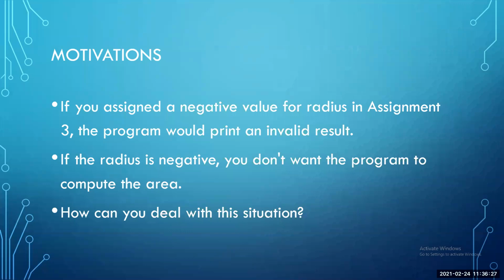We can also account for if the user inputs a negative number, we can say that's an error. You can't have a negative length, right? At least I don't think you can. It's been a while since I took geometry. I don't think you can have a negative length of a triangle, right? So we could check for that. If the number that the user enters is negative, print out an error.